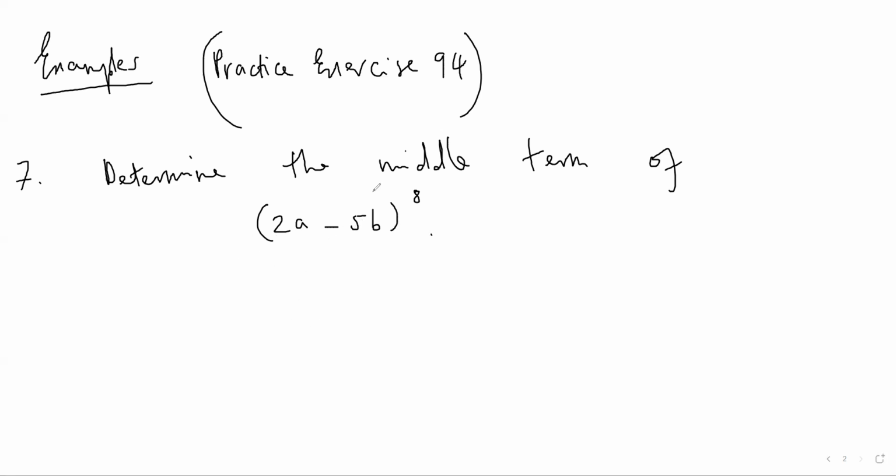So when they say determine the middle term of this expansion, what they are saying is determine the fifth term of this expansion. The middle term of this expansion is the fifth term, because the expansion in total has 9 terms, and the middle term of 9 terms is the fifth term.